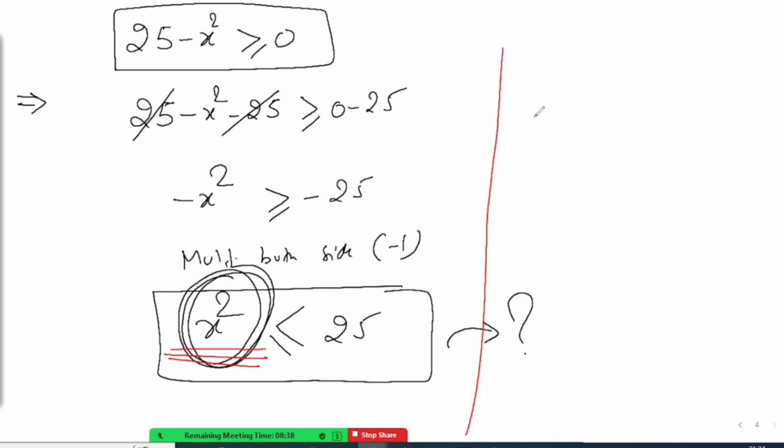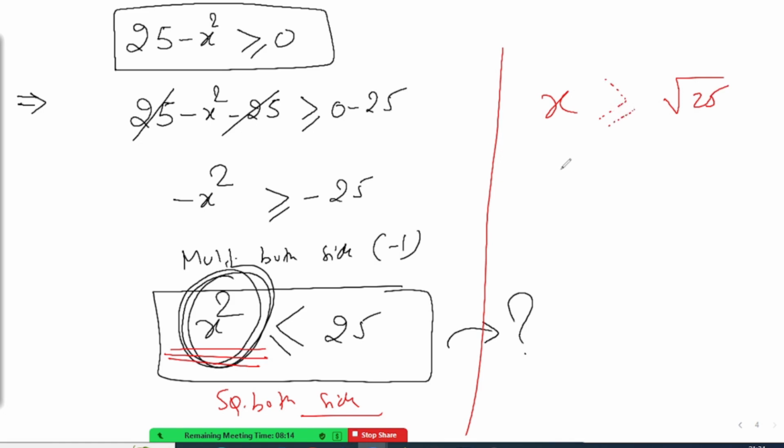Have you studied these rules anywhere? When you multiply or divide by minus 1, it changes. But you are taking a square root on both sides, right? So it will be x, the square root of 25, and you are saying change the sign, right?